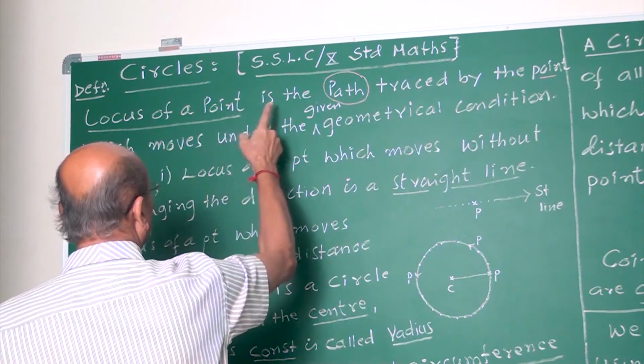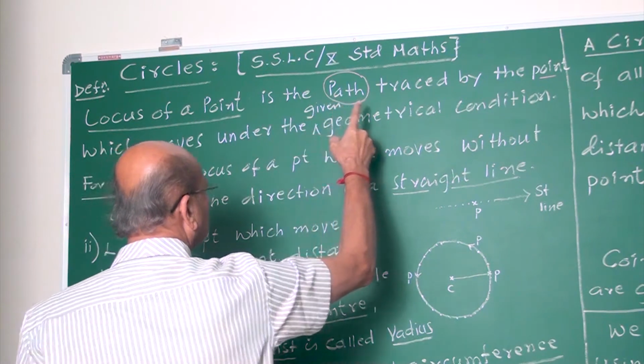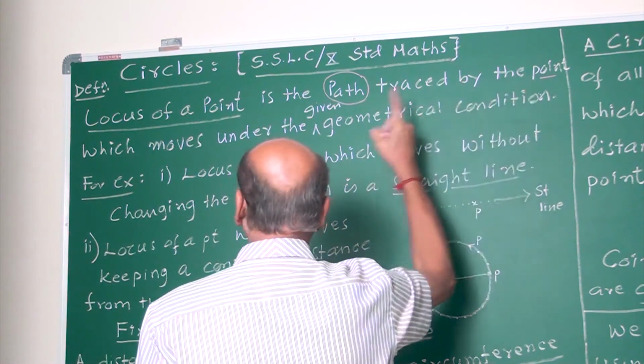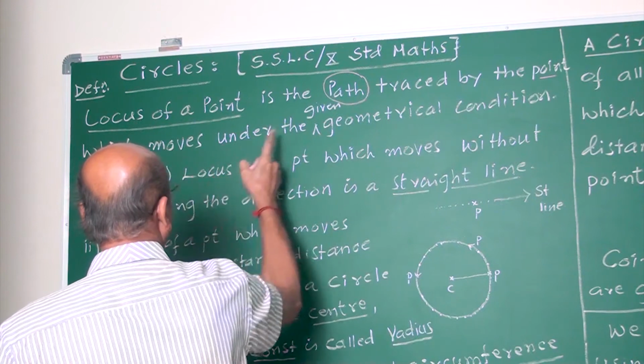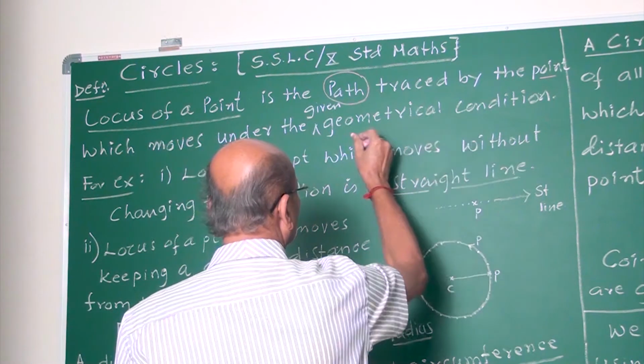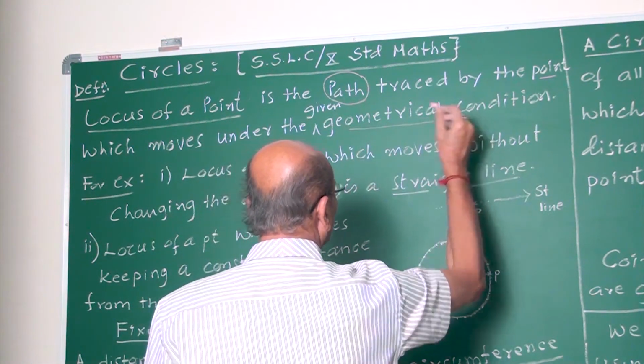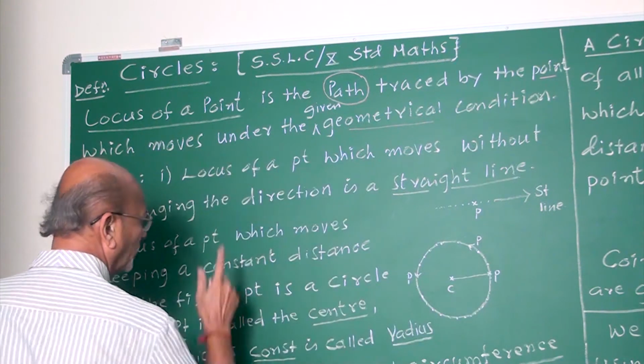Locus of a point is the path traced by the point which moves under the given geometrical condition. This is very important. For example, I give 2 examples here.